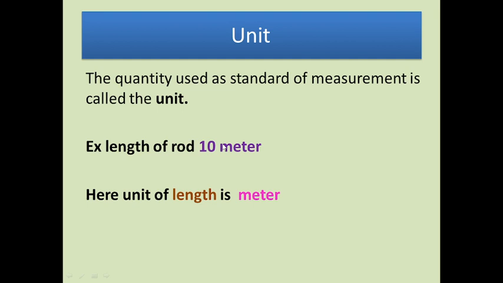If we say 10 meter, then it gives the standard of measurement. 10 meter is related to length, so the unit of length is meter. If we say 10 kg, that is related to weight, so the unit of weight is kg. Units are very useful.